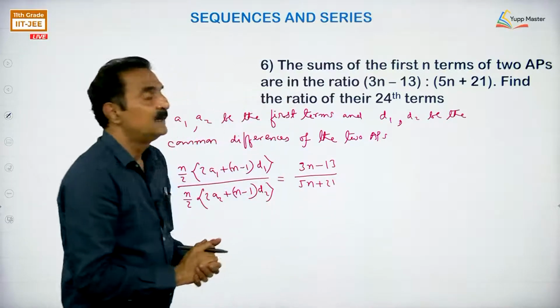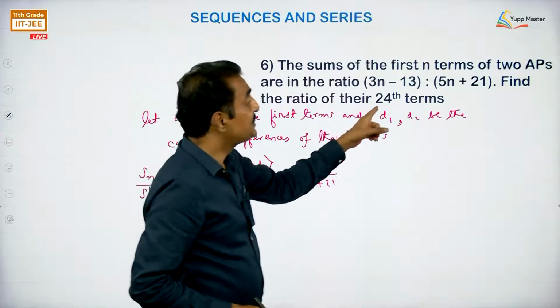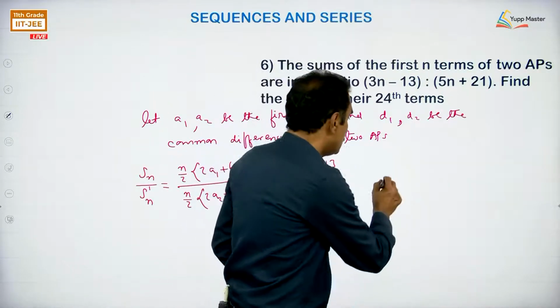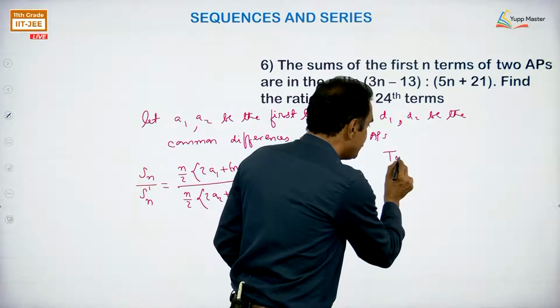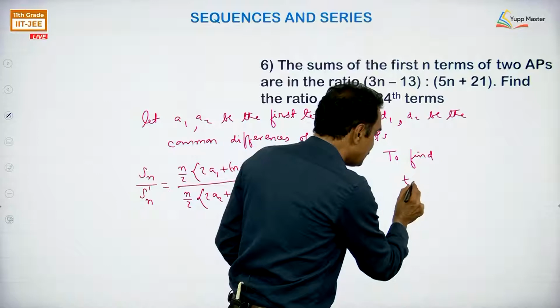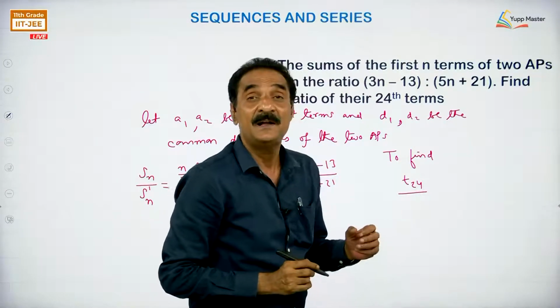Alright, this is given. What do you want? Ratio of the 24th terms. To find ratio of 24th terms is T24 upon T dash 24.